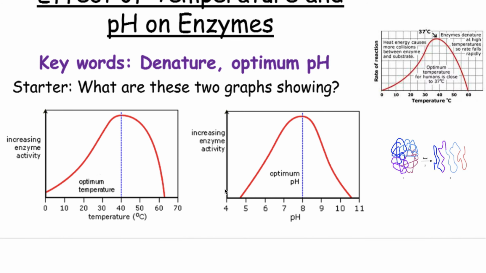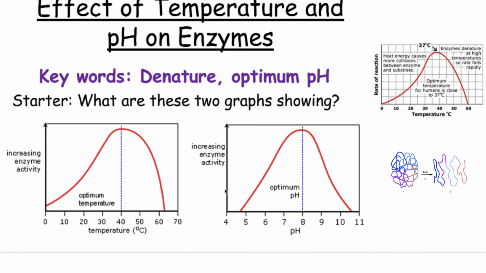Now, we did talk about the fact that enzymes are very fussy. Enzymes are very high maintenance. They're very specific, not just for the type of substrate that they'll bind to, but also for a whole heap of factors. Two of the main factors that usually come up are temperature and pH.